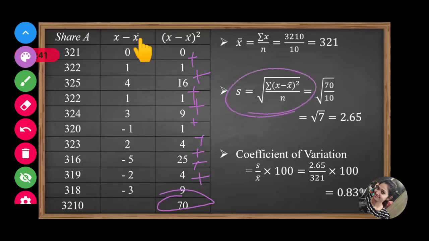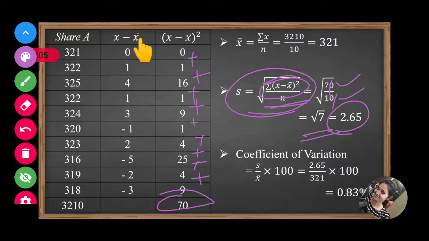This is our formula of standard deviation. S is equal to under root sigma x minus x bar whole square upon n. What is the total of the x minus x bar square column? 70. N, the number of observations, is 10. So 0 and 0 cancel, under root 7. You can easily find the square root of 7, 2.65.